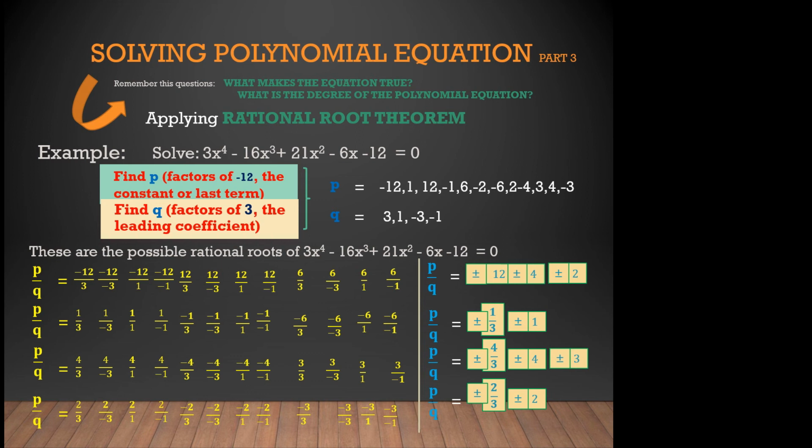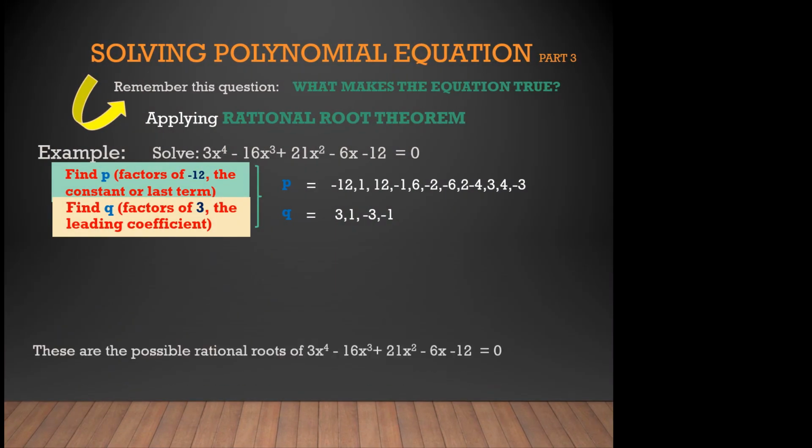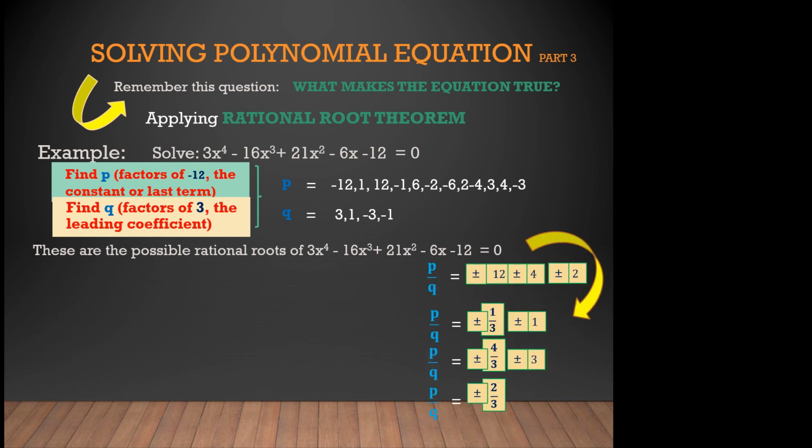So all in all, in simplest form, p over q can be plus or minus 12, plus or minus 4, plus or minus 2, plus or minus 1/3, plus or minus 1, plus or minus 4/3, plus or minus 3, and plus or minus 2/3.